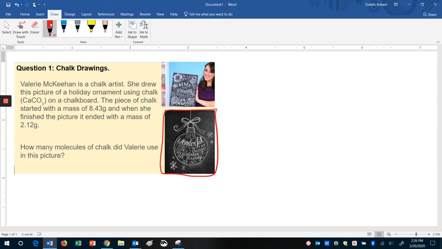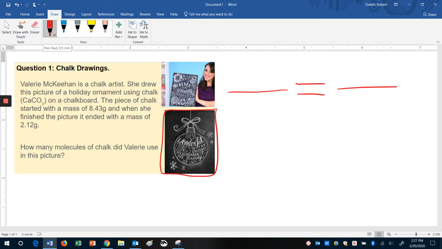We're figuring out how many molecules based on some other piece of information that helps us to measure them. The way I've been showing you to do this in class is we set up a blank proportion. A blank proportion is simply two fractions that are equal to each other. The left-hand side of our equal sign, the top and bottom of this fraction, is always going to come from the question.